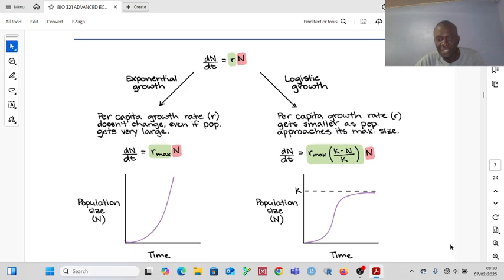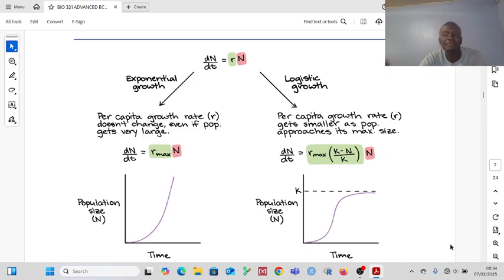So in nature, therefore, when you look at those two graphs, you have population size versus time in both. In exponential growth, the assumption is there is no limit. But in reality, in nature, we have a limit. Which means an ecosystem can only accommodate just as much as it can support.